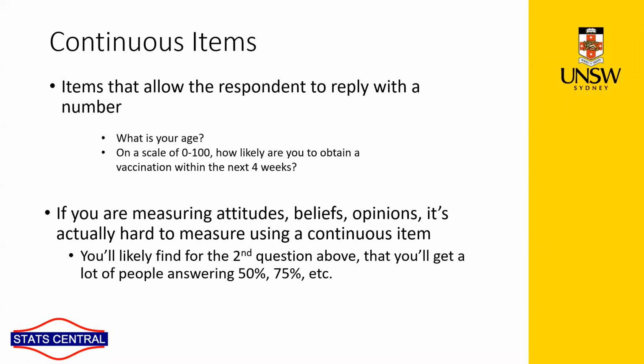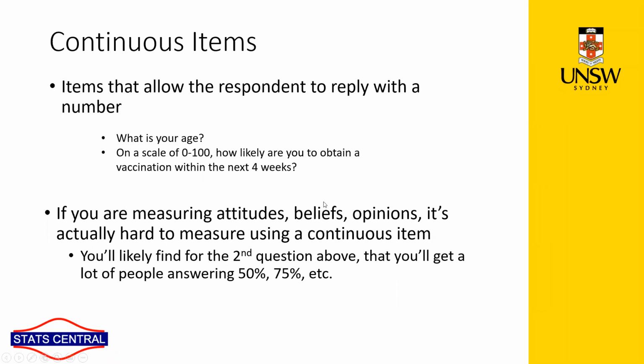You will also find that people will say 50%, 75%. You'll get a lot of people saying those answers. You're going to get very few people saying 60%, even fewer people saying 62%. And in fact, if you get somebody who says 48.3%, you're probably going to look at that answer and go, are they actually giving me a good estimate, or are they being facetious? So even though the item itself is, strictly speaking, on a continuous scale, you're not going to get a continuous response.